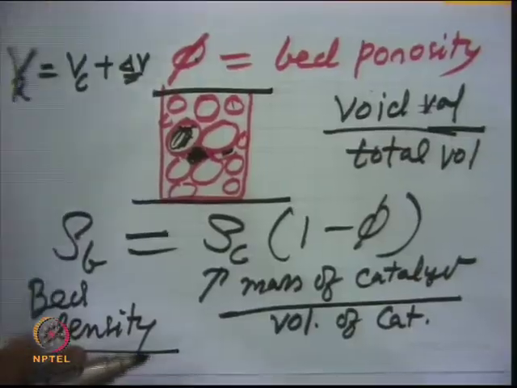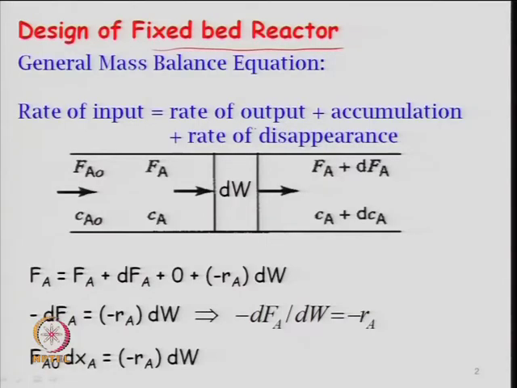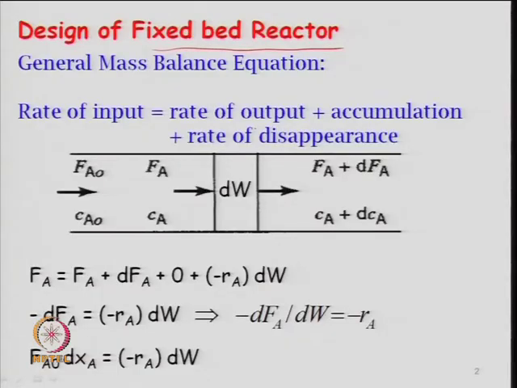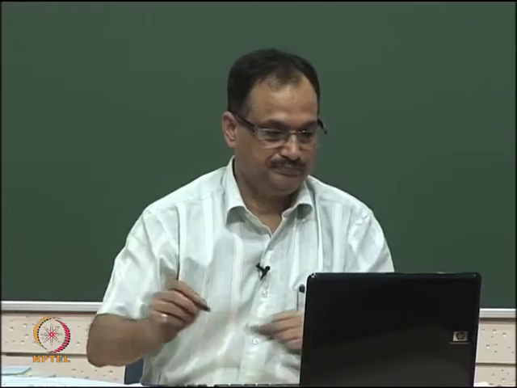But when we define it by volume of the bed, then it should be based on this rho b. These fundamental things should be clear to you, because we have already learned the surface area of the catalyst, pellet density, particle density, pellet porosity, and one more term, which is your bed porosity.